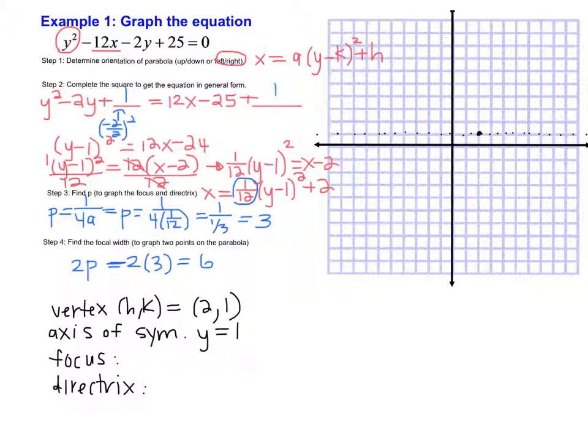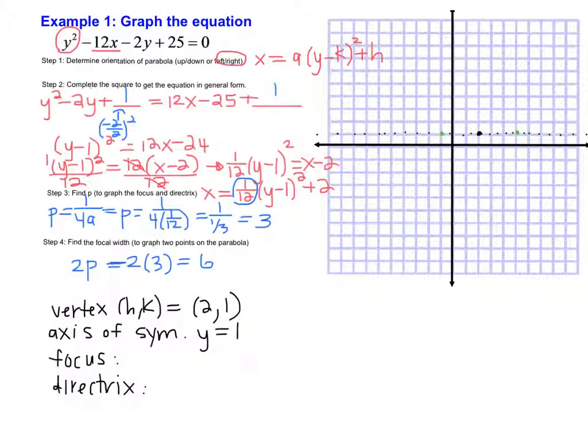If we look here, our vertex is at 2, 1, our focus then is 3 away from that. And our directrix is 3 away from that in the other direction. Now, we need to decide which direction that is, right? Because we can go 3 in either direction, 1, 2, 3 this way, and 1, 2, 3 this way.